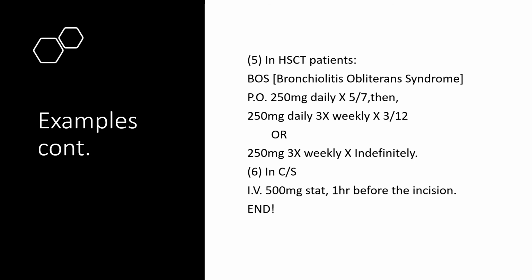Or you can go another route of giving it 250 milligrams 3 times weekly indefinitely. And in cesarean section, you can give this medication intravenously as 500 milligrams start 1 hour before the incision. And with that, I've come to the end of this presentation.